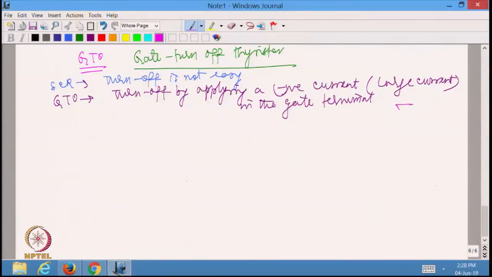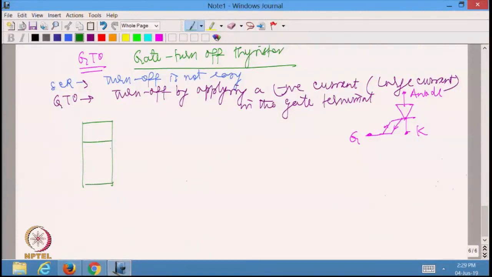This is the normal SCR symbol we see, but here the gate has one arrow showing the current inward and the other showing the current outward, and this is the gate, this is the anode and this is the cathode. This is how the symbol looks, which indicates that the current can go out or come in at the gate terminal.